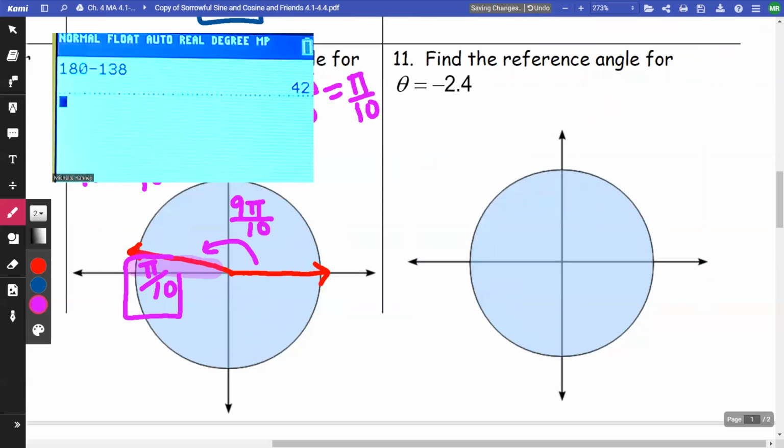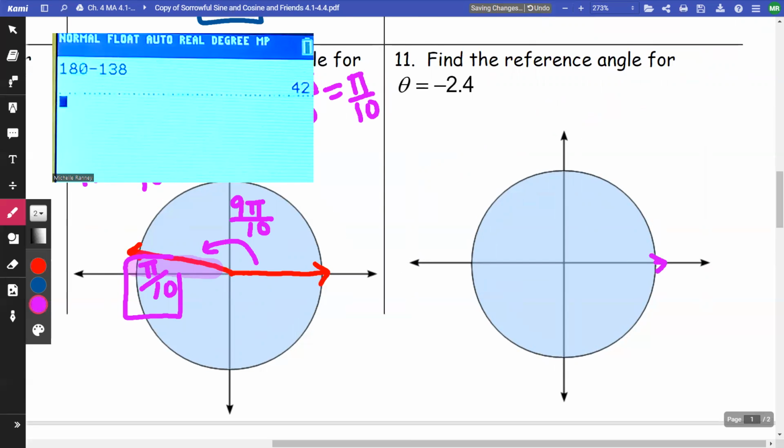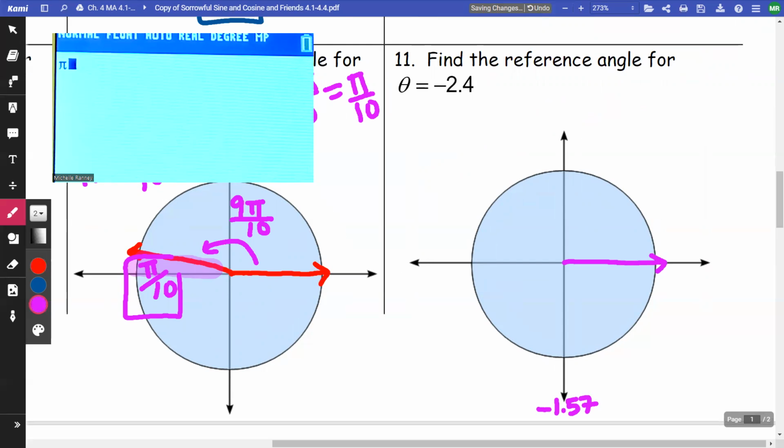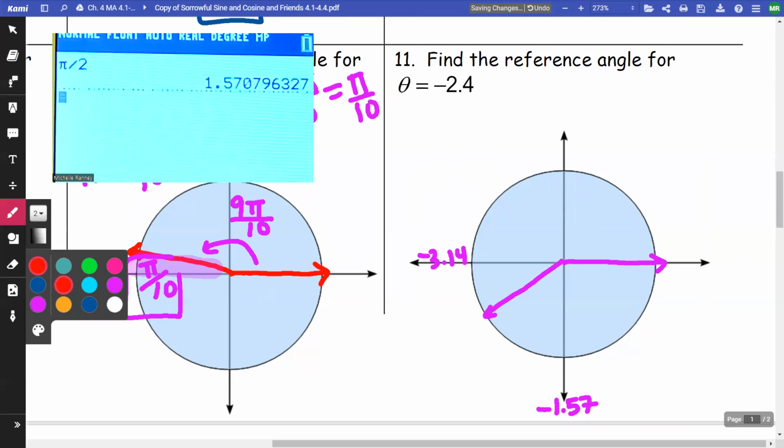For 11, it's going to be a negative. So we're going to go negative. So I'm going to start here. And just so you understand, this is going to be negative 1.57 about. What I did was I took pi and I divided it by 2. And you see that's what I get about. Over here, this would be a negative 3.14 because that's pi. So I'm going to be somewhere in between here. Let's just say here. So I'm going a negative 2.4 radians is what I'm going.